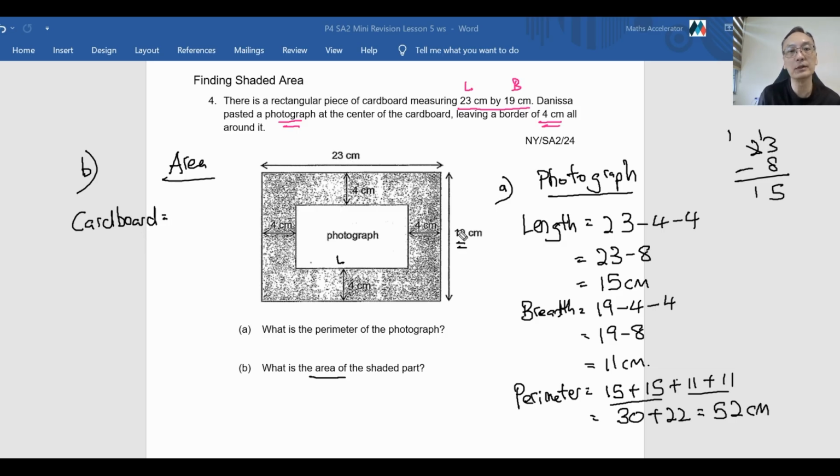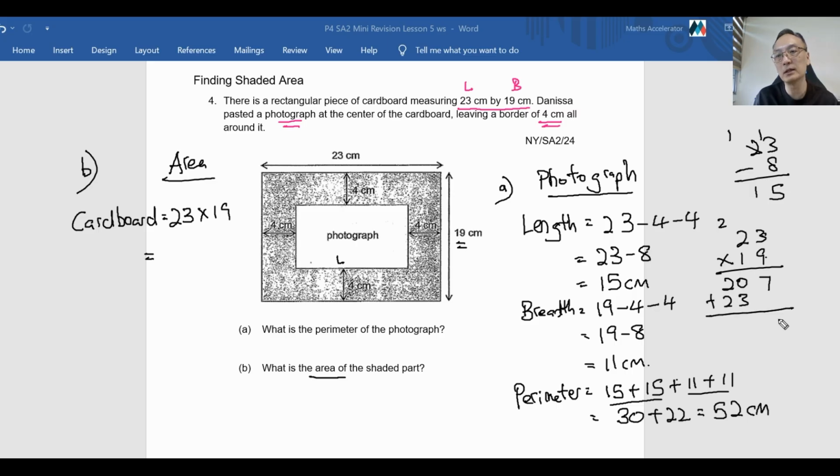The length is 23, the breadth is 19. So we need to take length times breadth, 23 times 19. So let's do the working over here. 23 times 19. 3 times 9 is 27. 27 carry 2. 2 times 9 is 18. 18 plus 2 is 20. 3 times 1 is 3. 2 times 1 is 2.